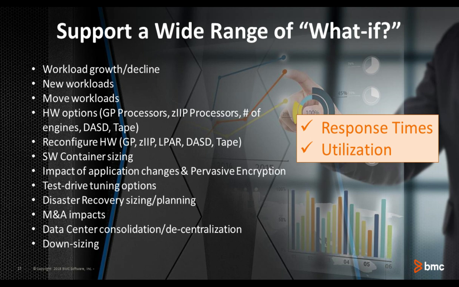The capacity group captured the data of that application change running in test, compared it to the application profile of the current application version, and they modeled what happens if these kinds of changes hit our current production versions at the levels that they're running.